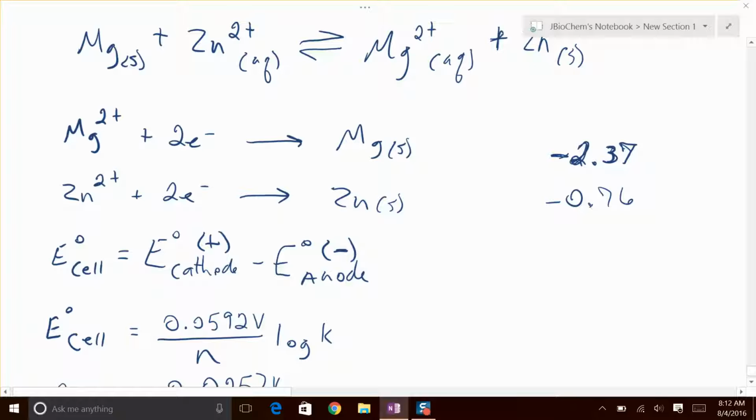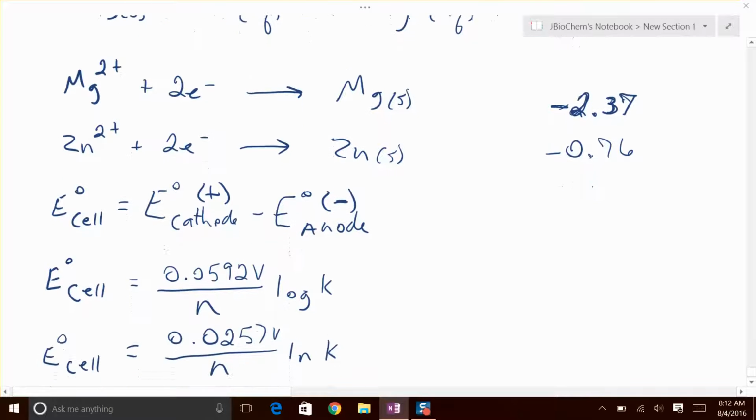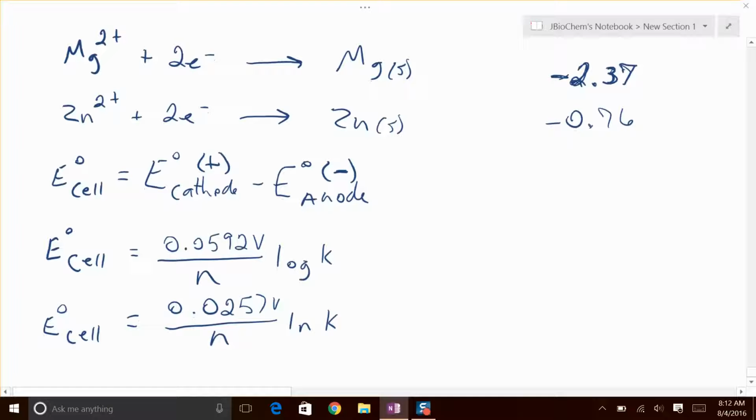So basically they're all constants because your temperature is 25 degrees Celsius, so you know what that is. The R, you know what R is, 8.314. You know what Faraday's constant is, 96,000. So that's where you get that number. They've just simplified it instead of making you put all those numbers in. Yes.